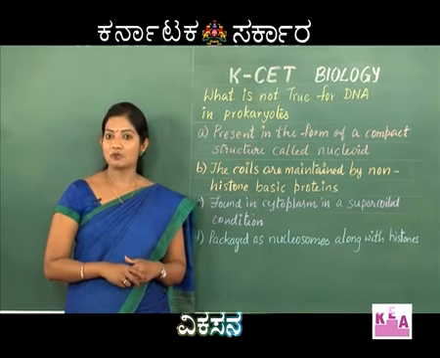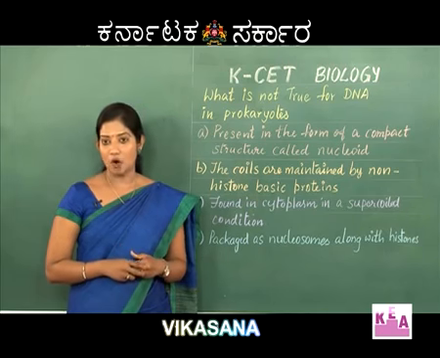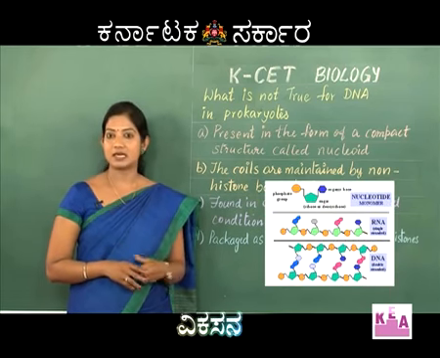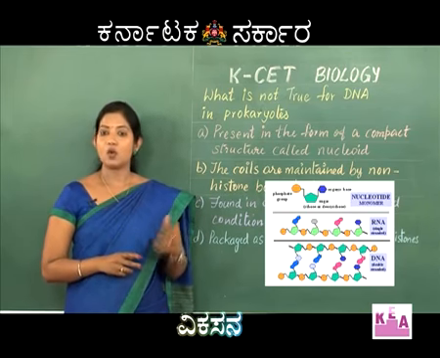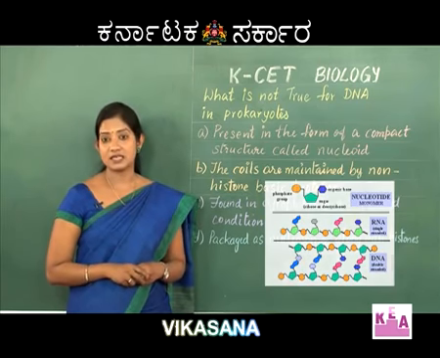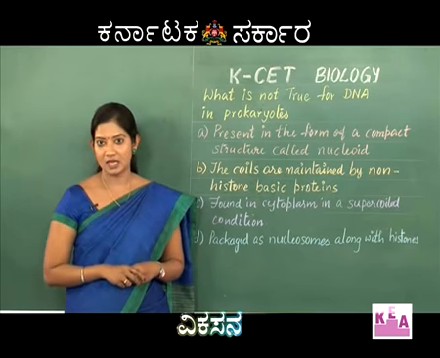When Earth started to evolve, RNA was the genetic material. But later, when Earth became stable, RNA was replaced by DNA. The reason for this is DNA is more stable when compared to RNA.